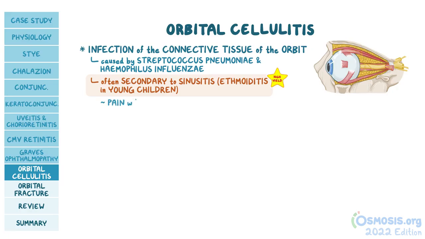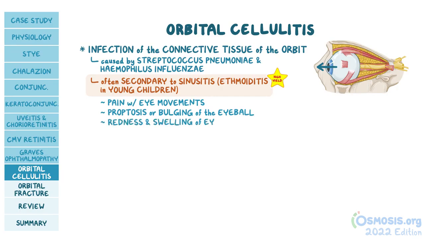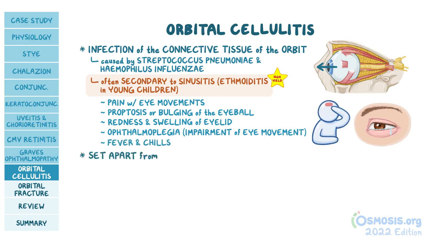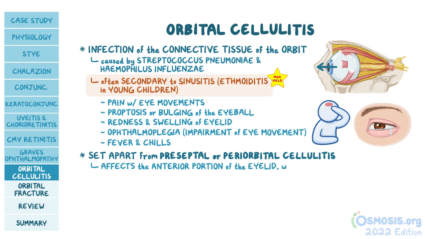Symptoms include pain with eye movements, proptosis or bulging of the eyeball, redness and swelling of the eyelid, and in some cases, ophthalmoplegia or impairment of eye movement. These are often accompanied by fever and chills. It's important to set this apart from preseptal or periorbital cellulitis, which affects the anterior portion of the eyelid without actually involving the eye, and it tends to be milder.